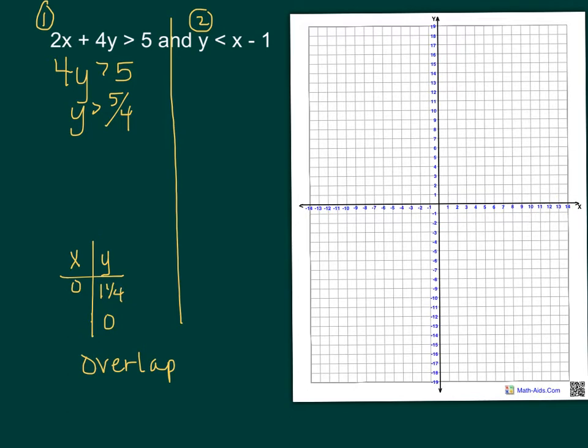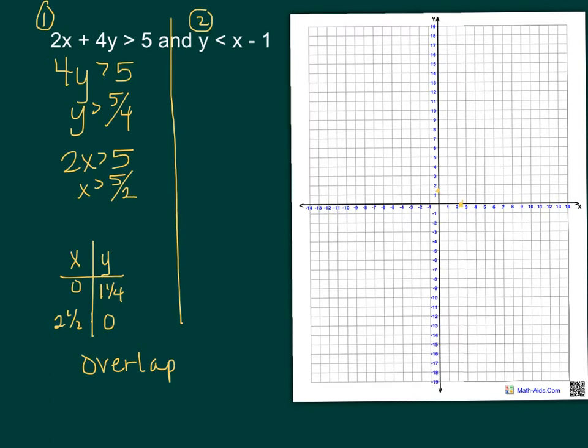When I plug in a 0 for y, the y cancels, and I end up with x is 5/2 or 2 1/2 for my x. So when I come over here to graph that, I'm going to graph 0 and 1 1/4. So I'm kind of going to guess where 1 1/4 is going to be. It's going to be about right there. When I guess my 2 1/2, I'm going to go about to 2 1/2 and 0. So this is going to be as close as I can possibly get it.